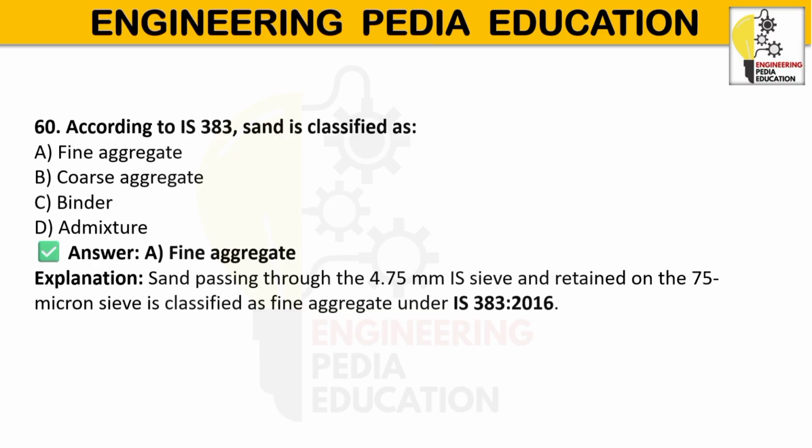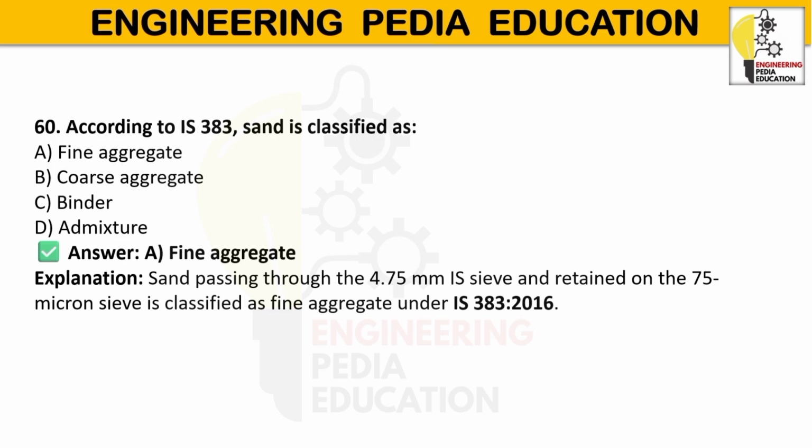Let's make a quick revision. IS 383, grading is given. 2386 part 1, sieve analysis. 2386 part 2, organic impurities and silt content. 2386 part 3, specific gravity, bulk density and bulking. 2386 part 4, mechanical properties. 2386 part 5, soundness test.